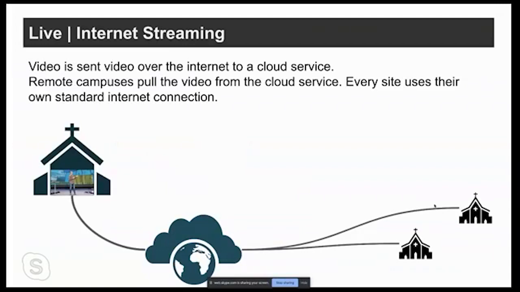And for those campuses that were at the remote site, they would see that impact their viewing experience. And so we really had to come up with a solution that could stream to these campuses without those video dropouts. And so what we did is we created our own solution that essentially retransmitted the video indefinitely while it was live until it was confirmed as received.